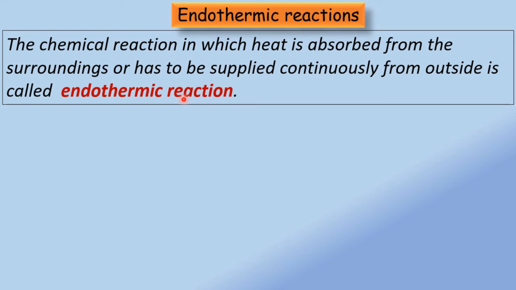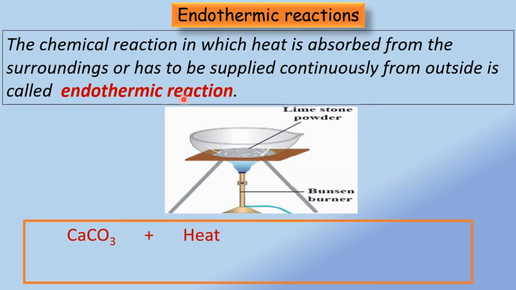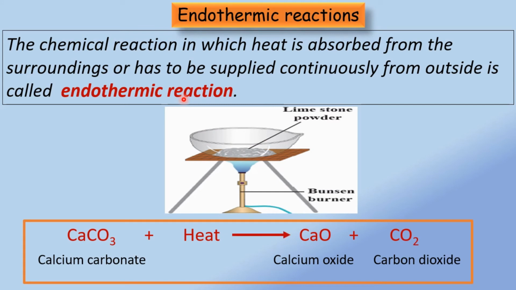Let us discuss one example, that is decomposition of calcium carbonate. When calcium carbonate is heated strongly, it decomposes into calcium oxide and carbon dioxide. Now here for this decomposition reaction, heat is supplied from outside. Therefore, this is an endothermic reaction.